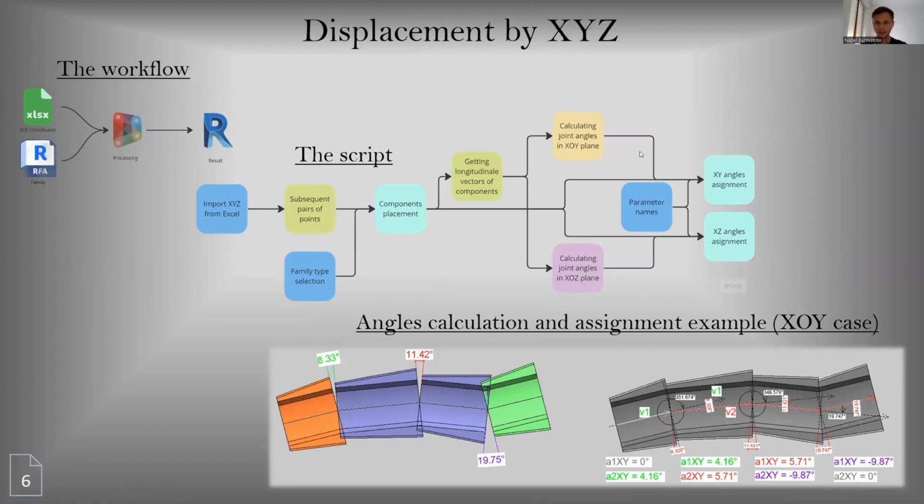Once the families are placed, for example, if the path is curved, we need to adjust these joints by adding some cutting angles. So basically each angle was just halved. If the angle is 8.33, we give 4.16 to one element and 4.16 to another, so that we spread this discrepancy between two subsequent units.